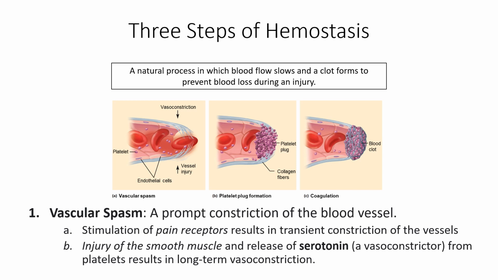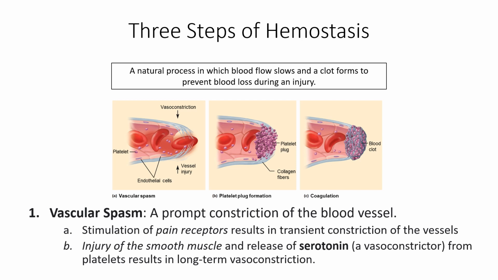Next, injury of the smooth muscle is going to cause a release of serotonin, a vasoconstrictor. Remember, serotonin, you saw this last semester, a neurotransmitter. Serotonin from the platelets results in a long-term vasoconstriction.